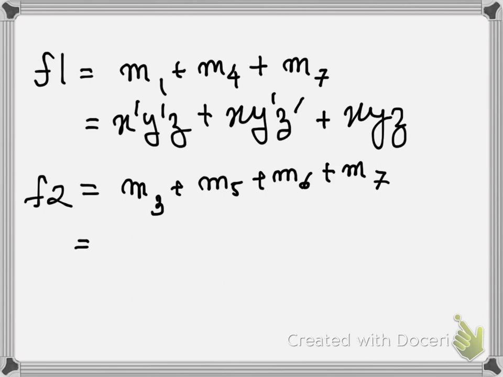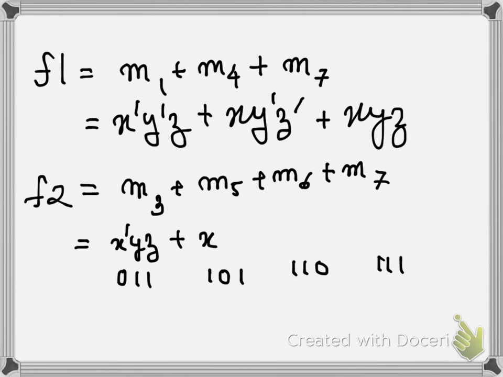Very easy, just write the binary form for 3. 3 is 0, 1, 1. 5 is this, 6 is this and 7 is this. So x dash y z plus x y dash z plus x y z dash plus x y z.